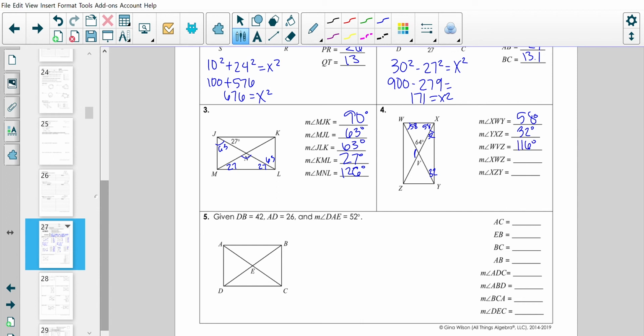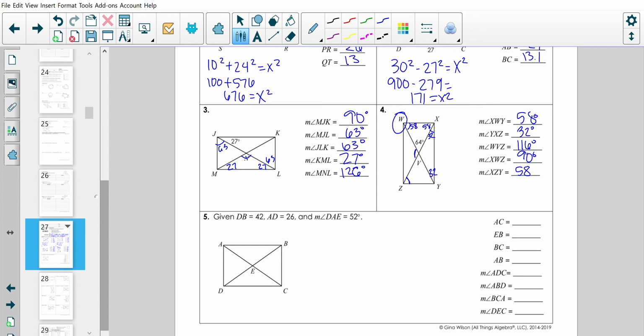And XWZ. What's that? That's 90. And XZY, so this one, 58.